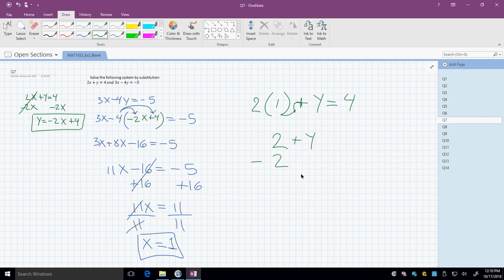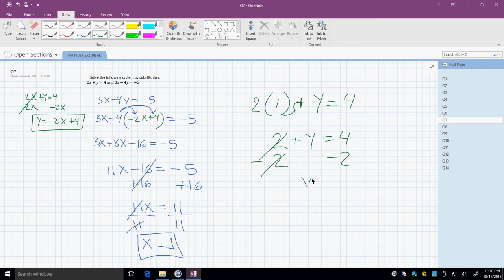I subtract 2 in both sides of the equal sign. Sorry, it's rewriting and erasing. Give me a second. Okay, this is 4.